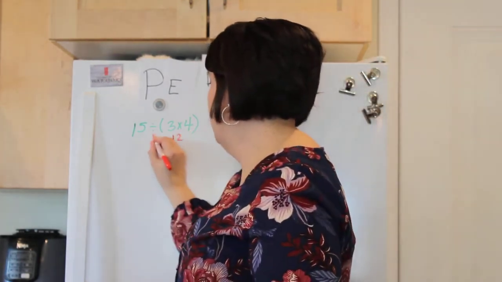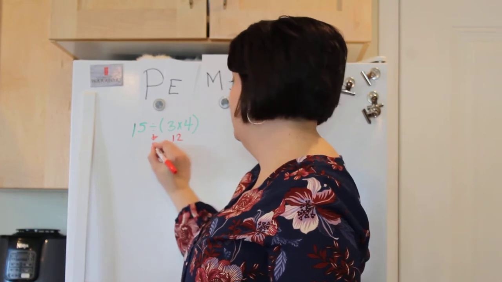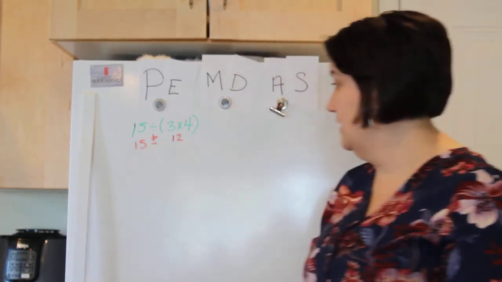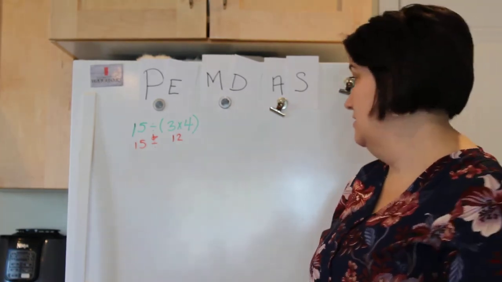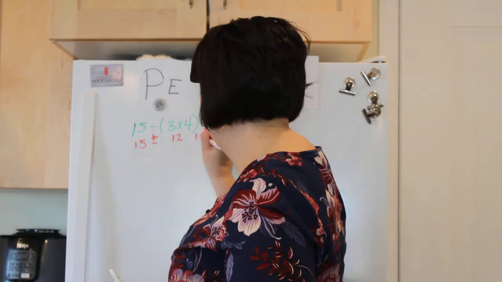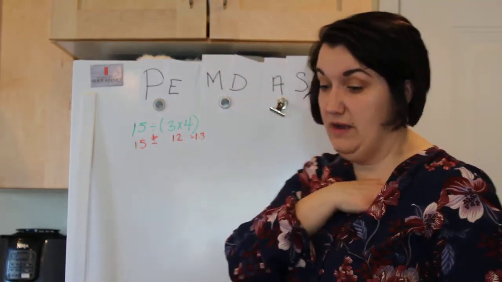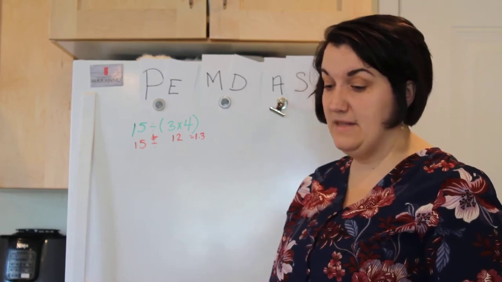So then we bring down the, what symbol is this? The division symbol. Division, and then we bring down the 15. All right, so 15 divided by 12. Well, that's just kind of a weird number, isn't it? So it's going to be what, 1.3? Exactly.